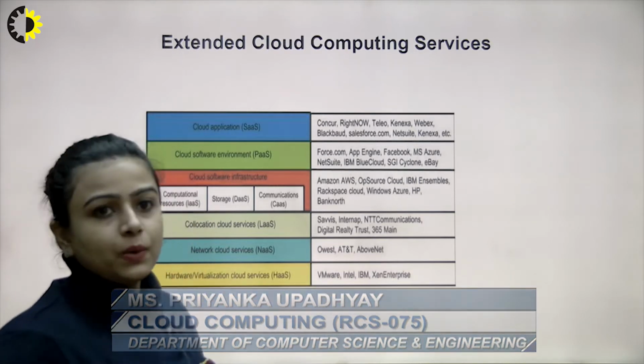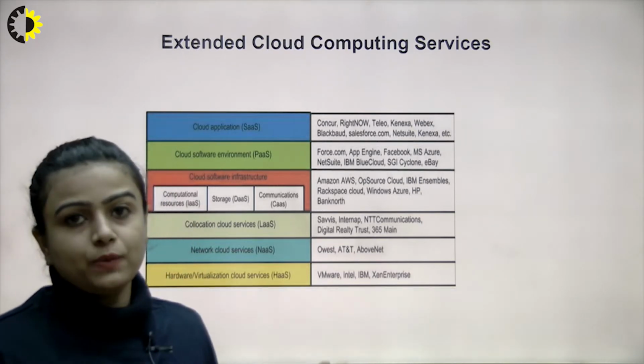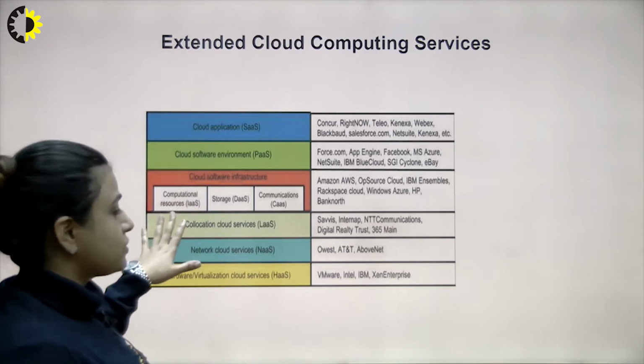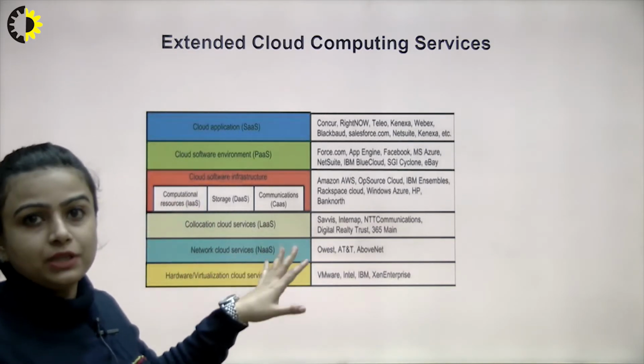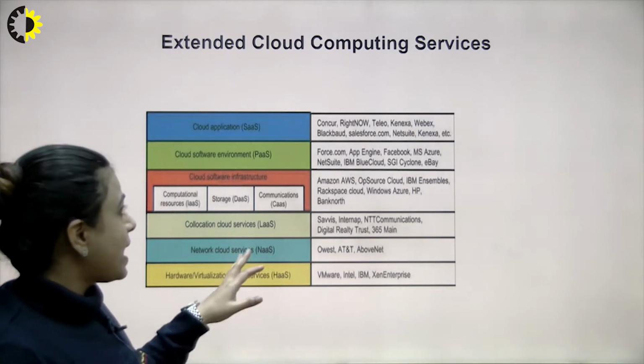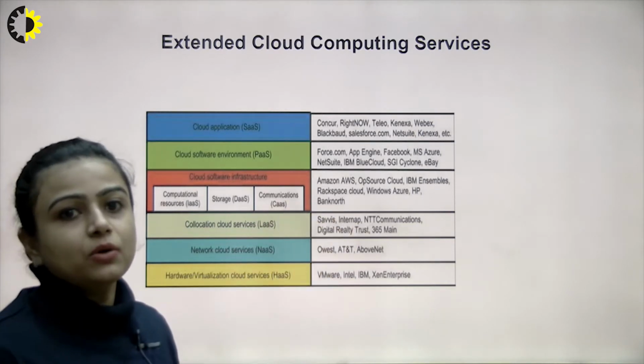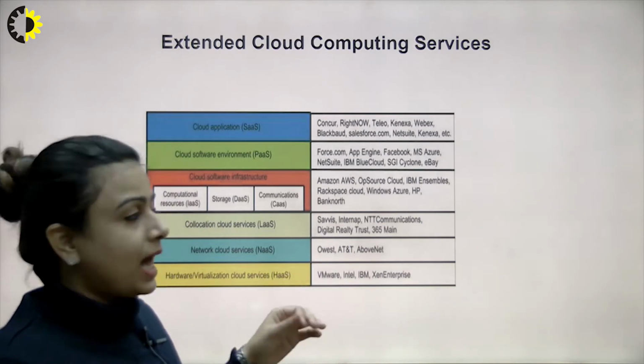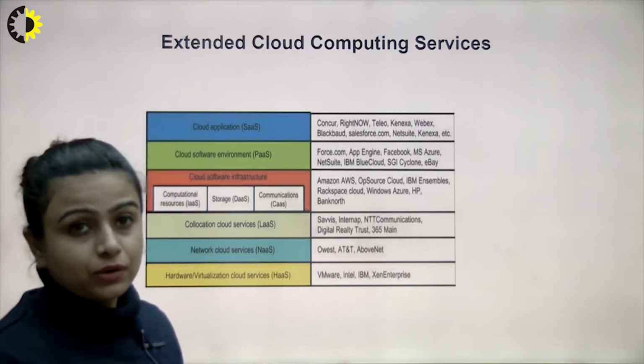Next, we have the cloud software infrastructure, where we are building up the architecture of the cloud, and we have the computational resources, the storage, and the communications taking place, with applications like Amazon AWS, the open source IBM Ensemble, and various others like Banknorth.